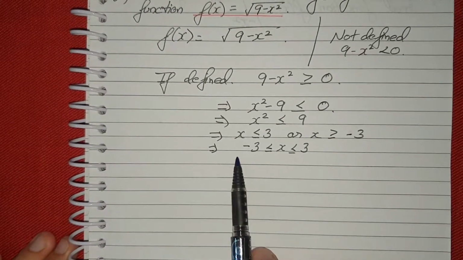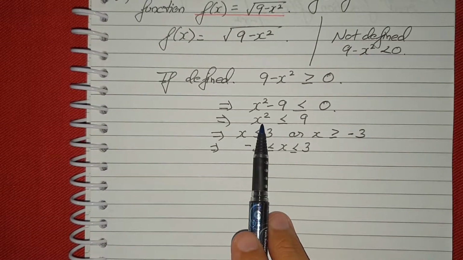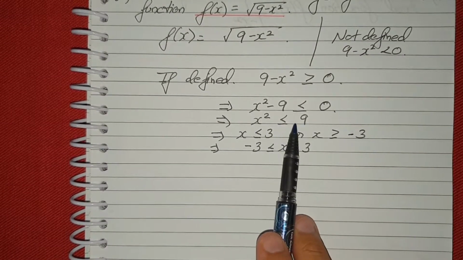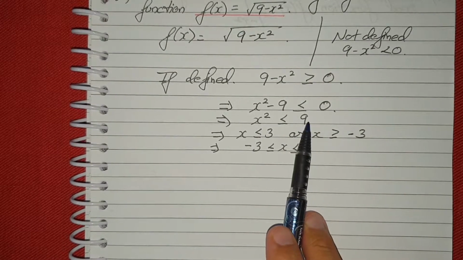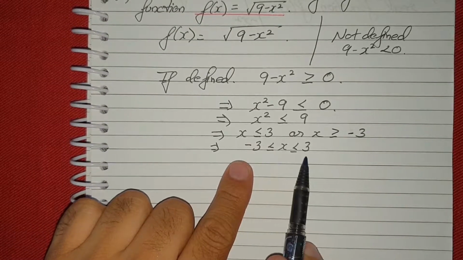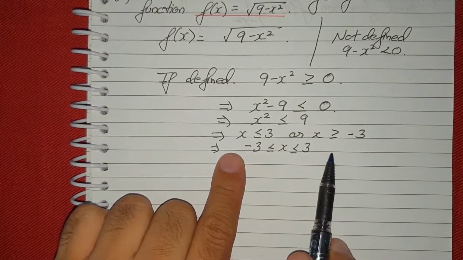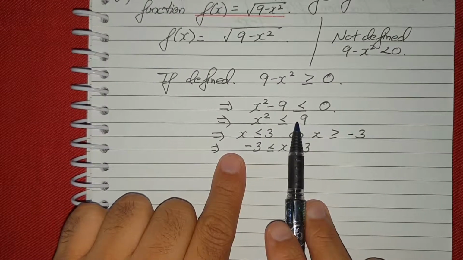That means x lies between minus 3 and 3. If we put minus 3, that will give you 9, which is less than or equal to 9. 3 again gives 9, which is less than or equal to 9. Now suppose we take 4, this becomes 16, which is not less than or equal to 9.